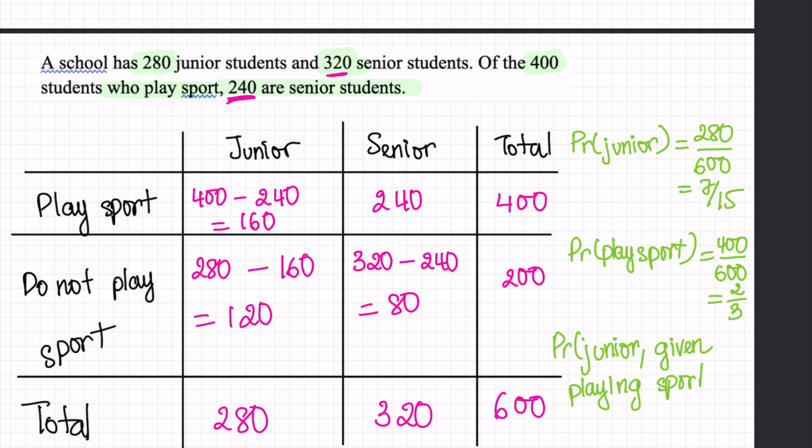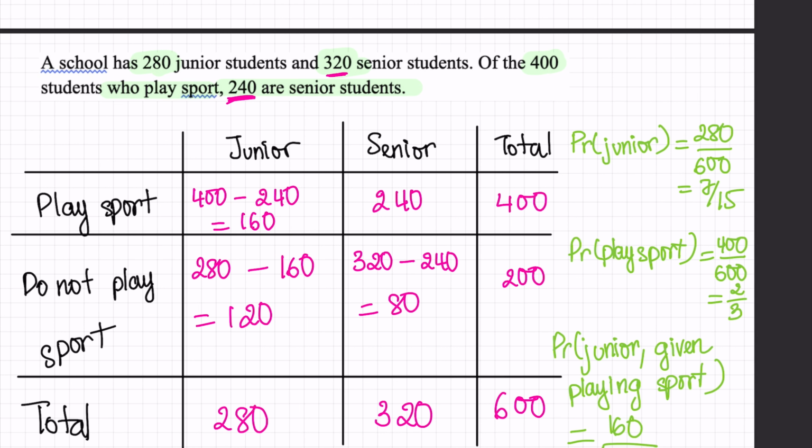Some people are going to confuse the number who play sport with the number who are junior given that they play sport. Looking at junior and play sport, 160.